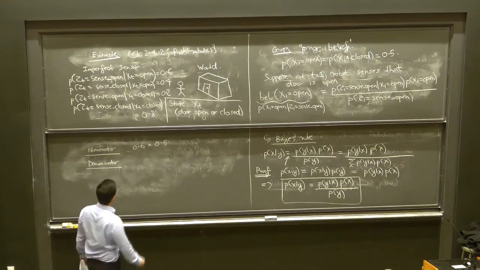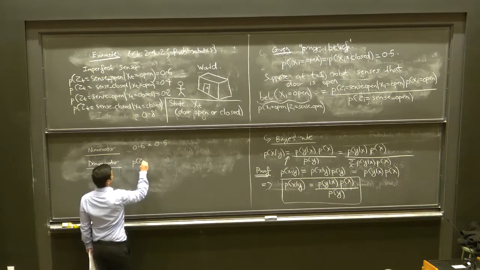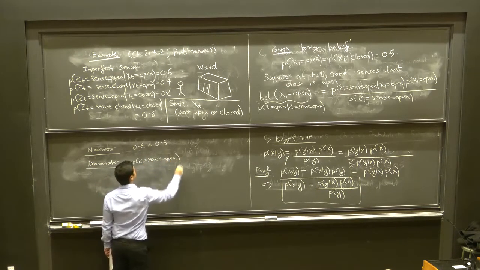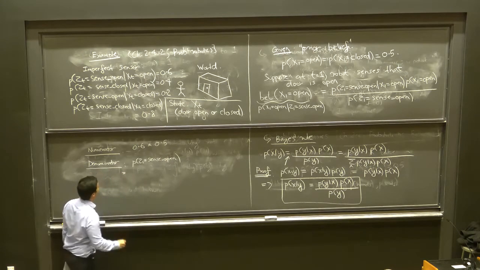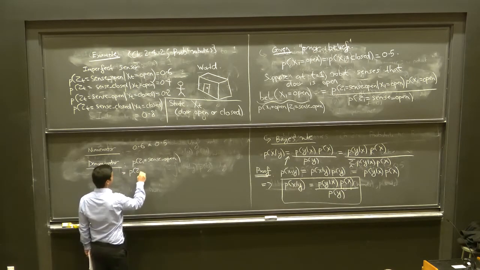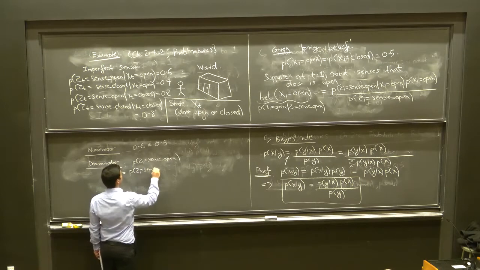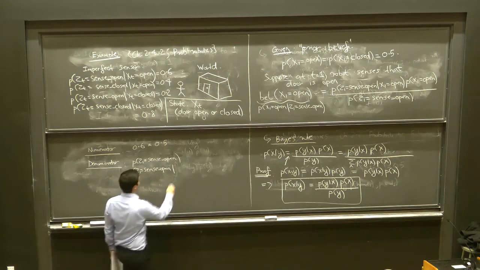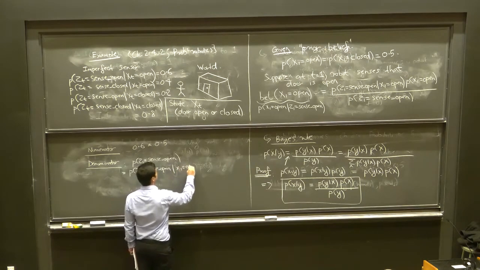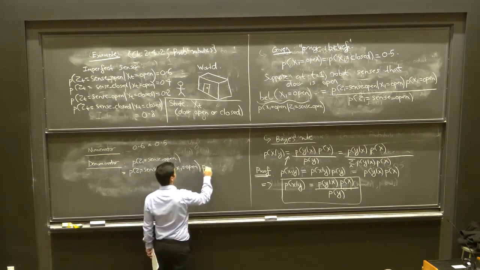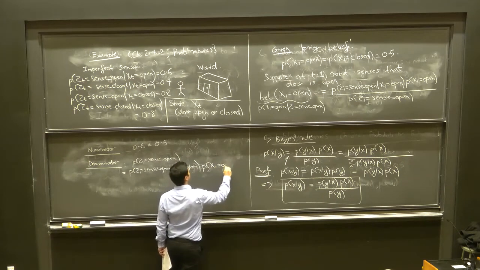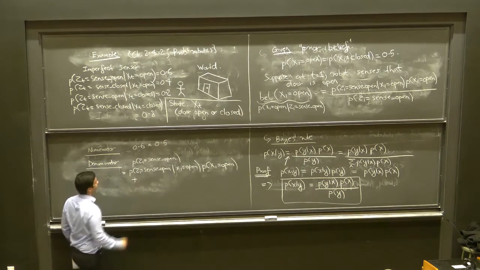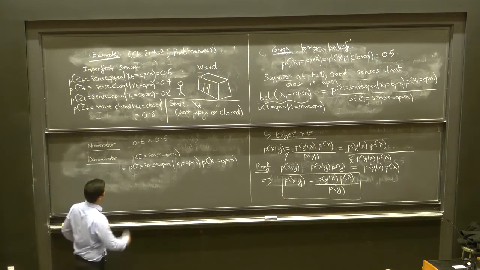The probability that we sense the door to be open we can expand out as the probability that we sense the door to be open, given that the door is open, multiplied by the probability that the door is open. So you sum up over all the possible values for the door being open or closed.